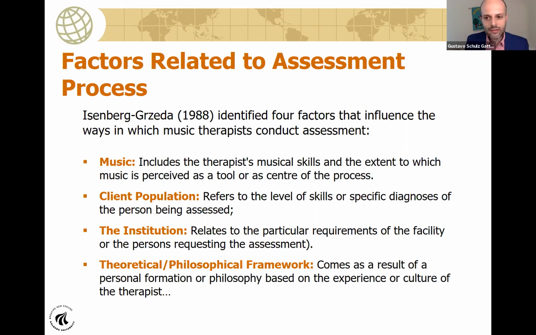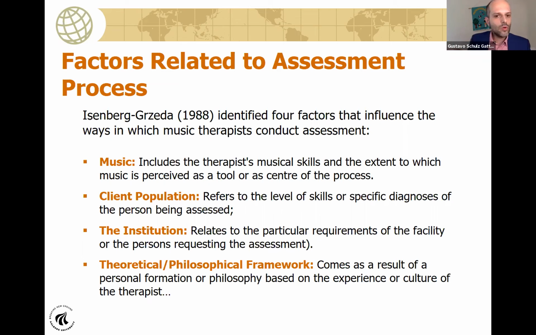Oh, and we have the second factor. So we have the client population. It means that when I work with different diagnoses or conditions, I have different things to consider in my assessment. So if I work with a neurotypical adult, perhaps the goals and the objectives that I'm working with, I will need more time to evaluate these specific goals because maybe the person will need more time to develop them.